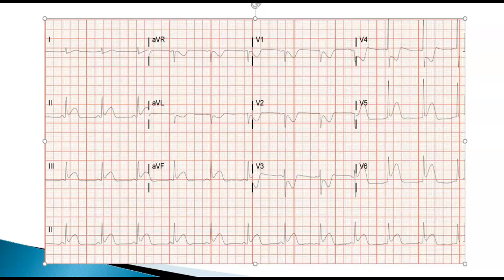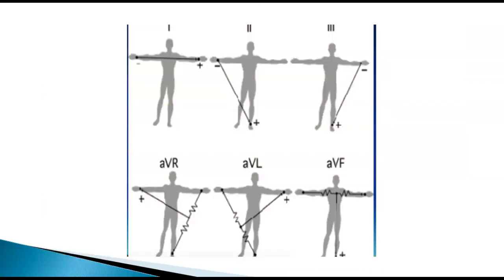So if you had your stickers on your right arm, your left arm, and your foot, I'm going to go to the next slide so you can see it. Across the top, from your right arm to your left arm, is lead 1. From your right arm to your left foot is lead 2. And from what's left over, your left foot to your left arm is lead 3.